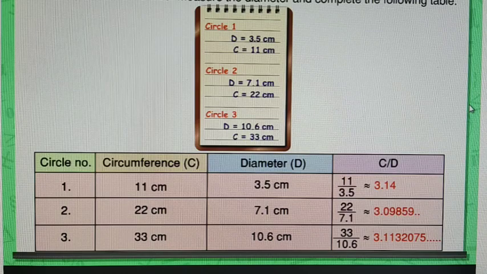Second, 22 upon 7.1 is equal to 3.09859, which is again approximately 3.14. Third, 33 upon 10.6 is approximately 3.11321075, and so on, which is again approximately 3.14.